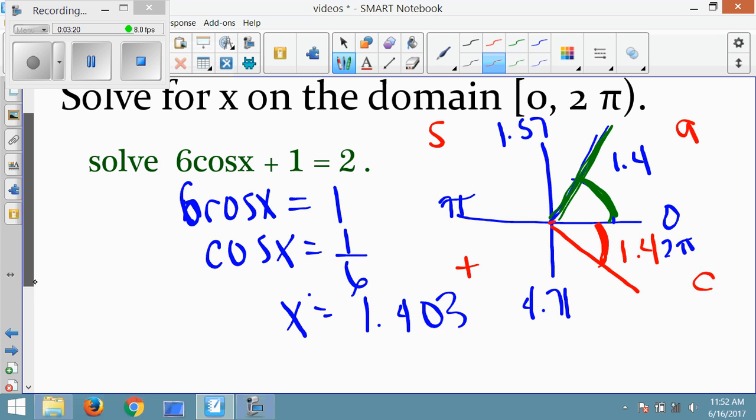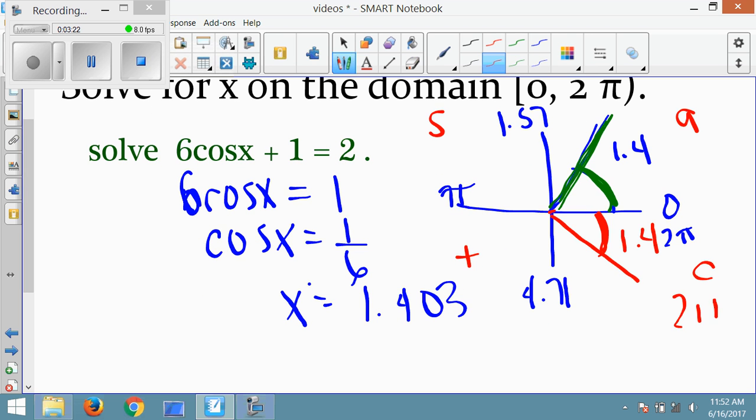So to find that one, we're going to take 2 pi minus 1.40. You're going to use your calculator to find that. And I got 4.880 for an answer. So you need reference angles, and you're actually going to answer in radians, but using decimals to do this.